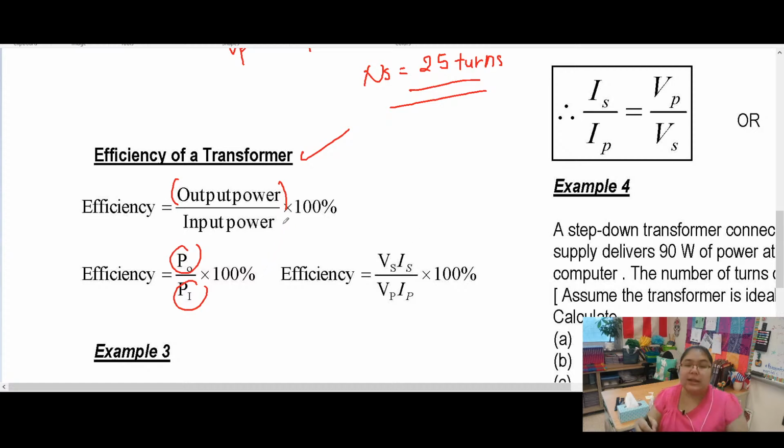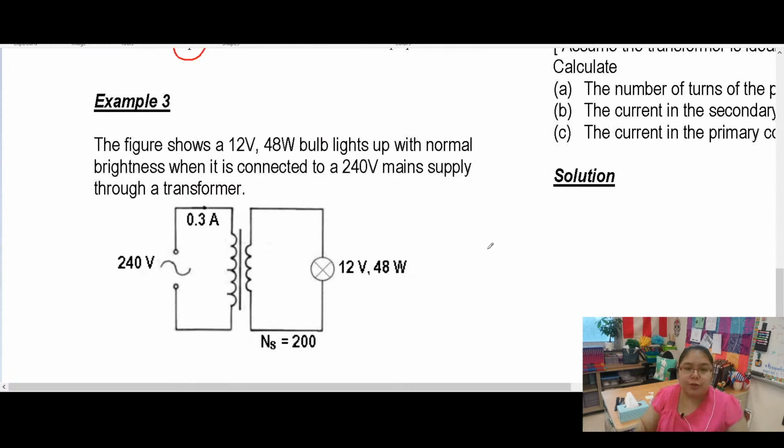They let you do the calculation. Remember, output is surely secondary. So we can create the formula: P actually equals VI. So we put Vs, secondary voltage, multiply by current, Is, secondary, then over Vp Ip, primary, then multiply 100%.